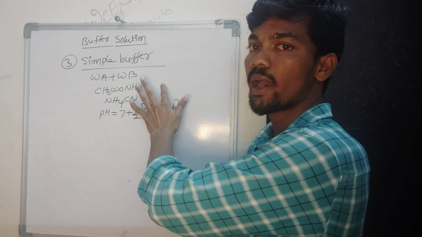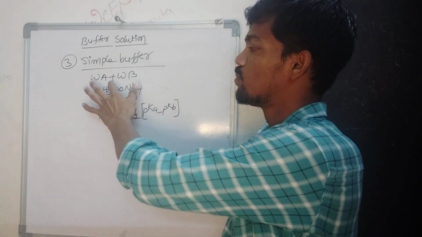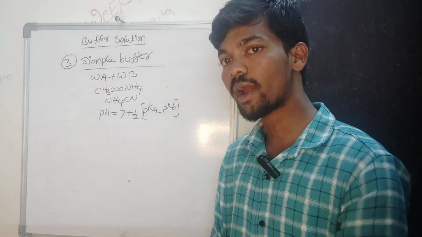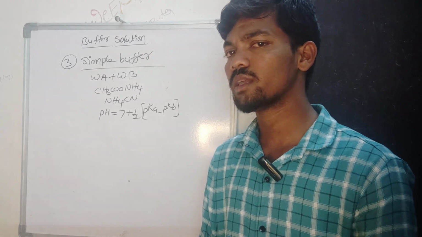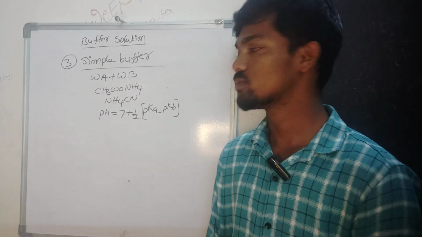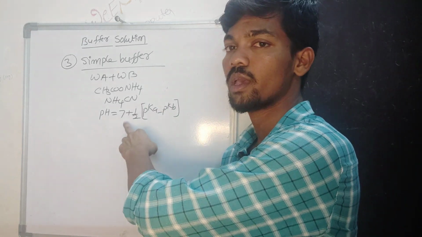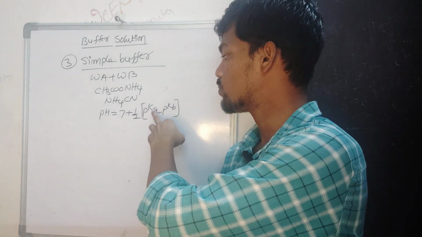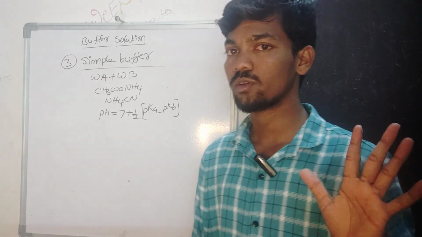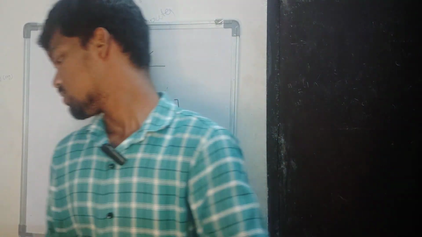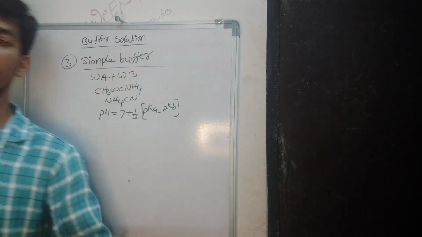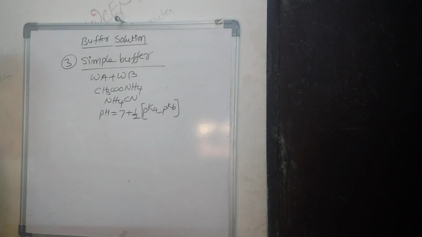So strong acids always give hydrolysis with water, so they will give buffer solution. That's why we can use the formula pH is equal to 7 plus half into pKa minus pKb. So by this we can calculate the buffer solution.